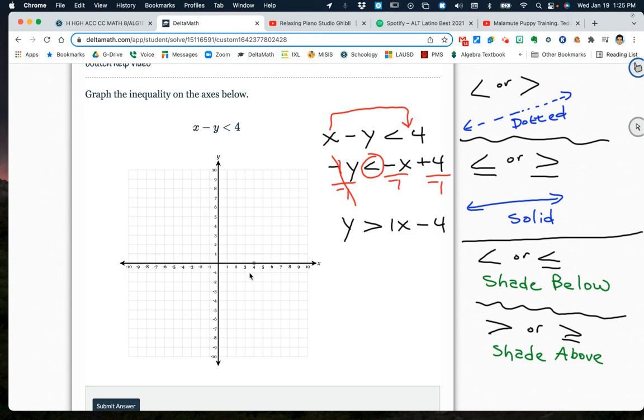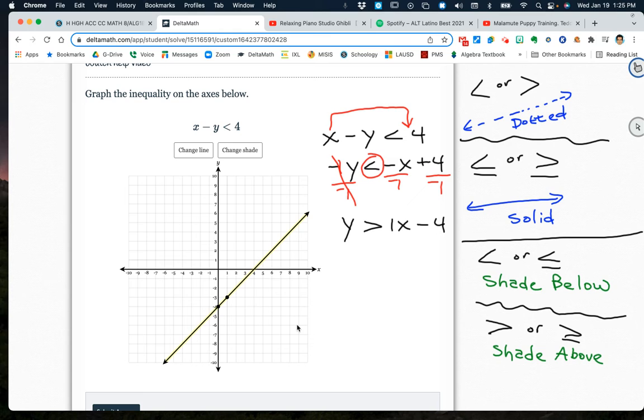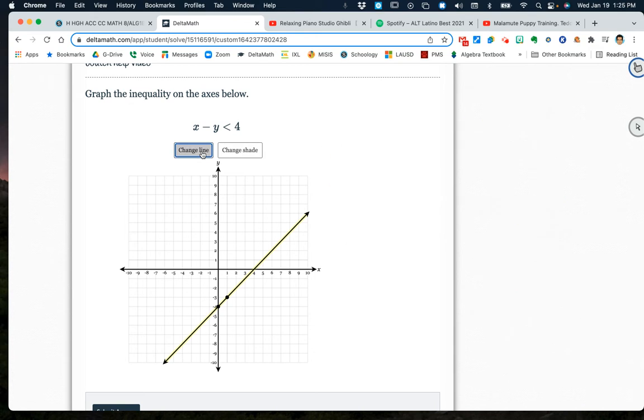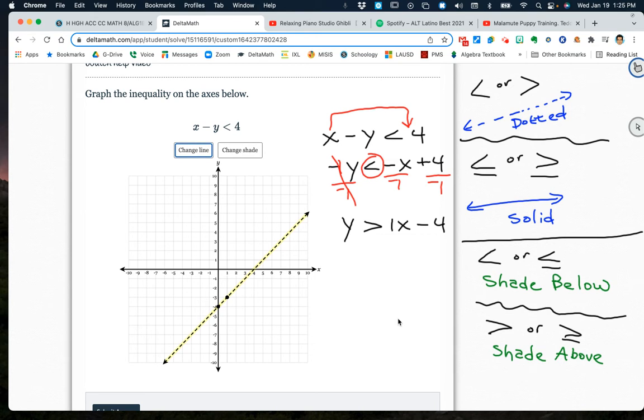So we want to go to -4, and then we go up 1 over 1. Here's our line. Well, it's a greater than, so it should be dotted. Let's change it. And do we want to shade above or below? Above.